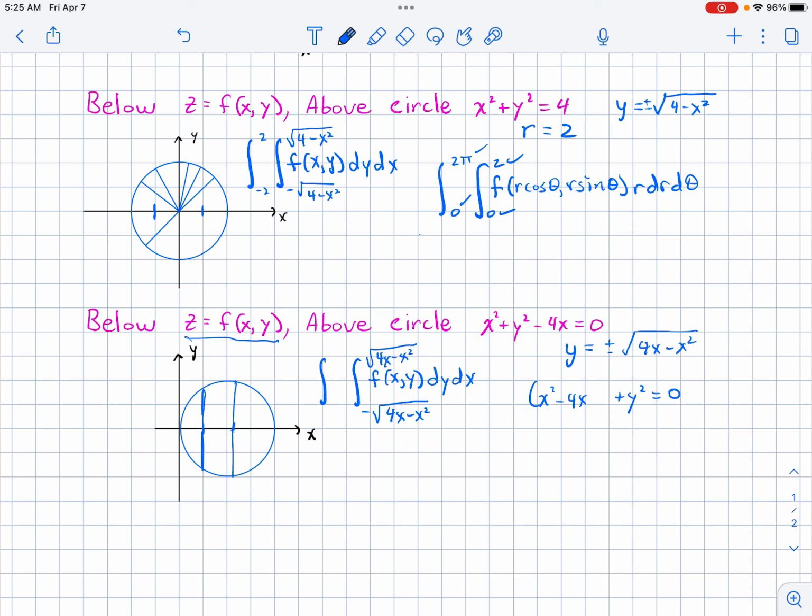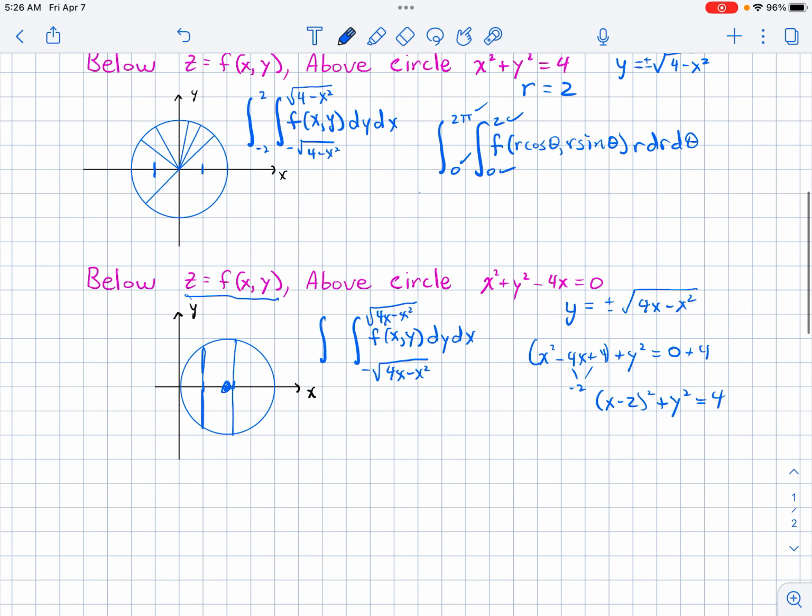If I complete the square here, I add a 4 there, and I add a 4 over here. Notice what we've got here: x minus 2 squared plus y squared equals 4. And this is a circle, we can see clearly, centered at 2, 0 with a radius of 2. So it's centered right here, and it has a radius of 2. So we can see what that looks like.